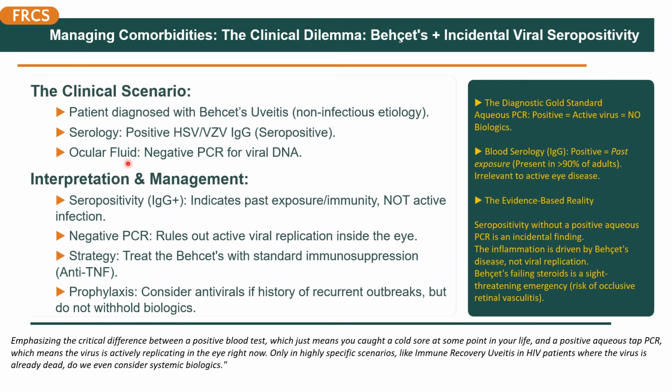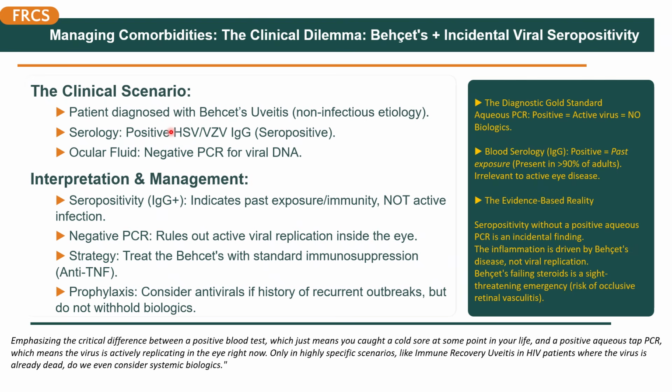To answer this question, there are many aspects. First of all, finding IgG in the serum for herpes simplex or varicella zoster virus is not indicative of active ocular inflammation, especially when supported by a negative PCR test. So when you have a patient with seropositivity, this doesn't mean that he has an active ocular inflammation.